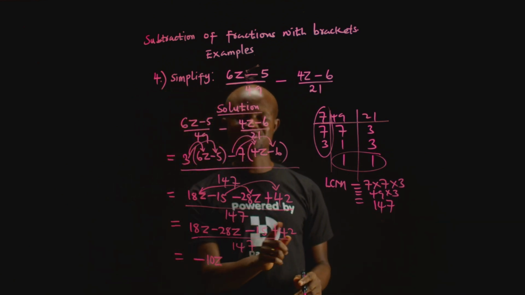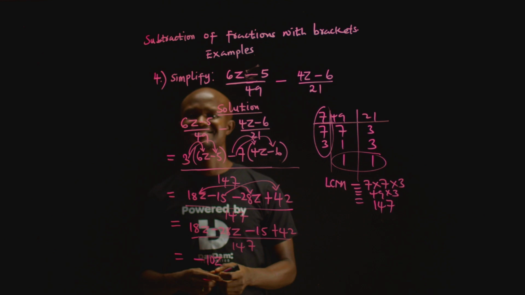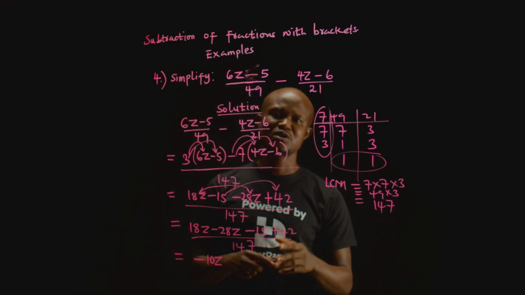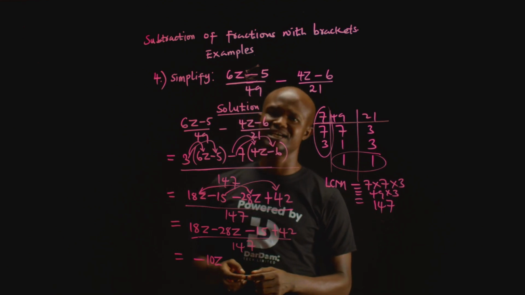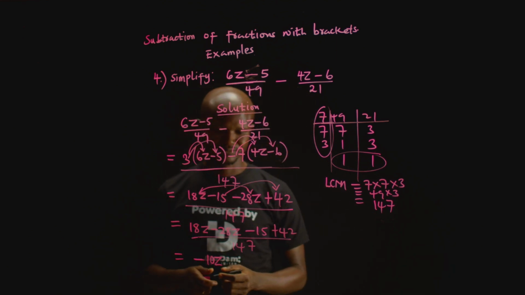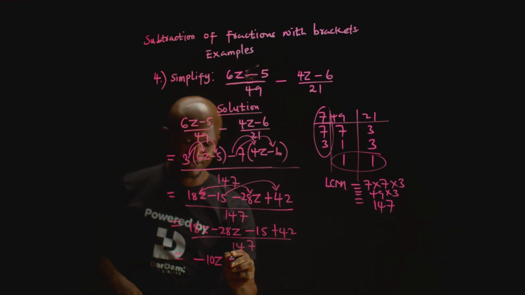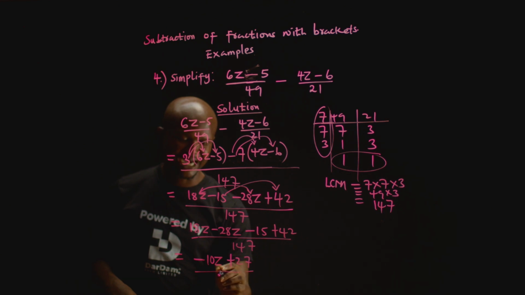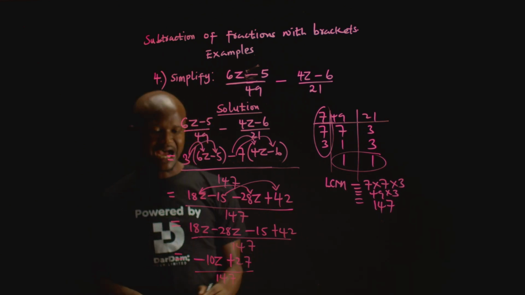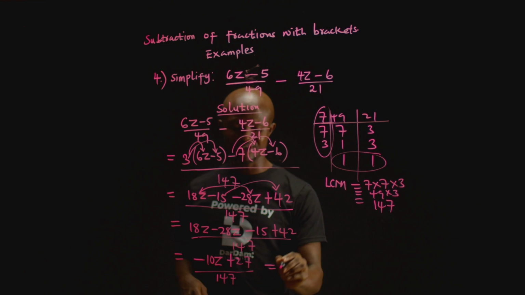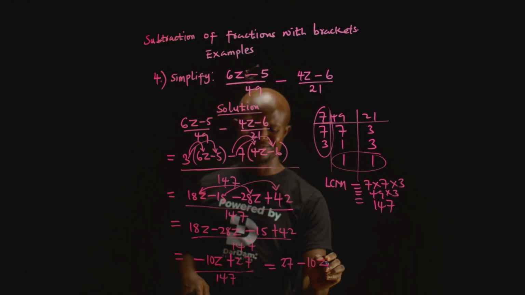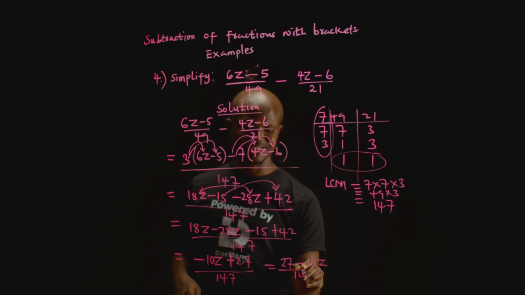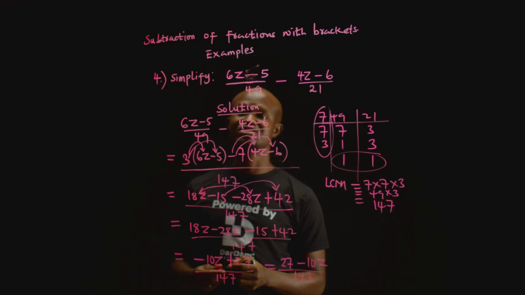Then, minus 15 plus 42 is the same thing as 42 minus 15, which is 27. So we have plus 27 here, everything divided by 147. We can also write it as (27 - 10z)/147. And that is the solution to the problem.